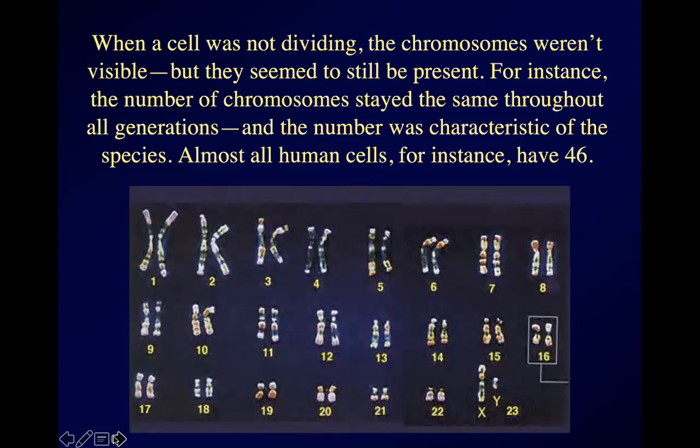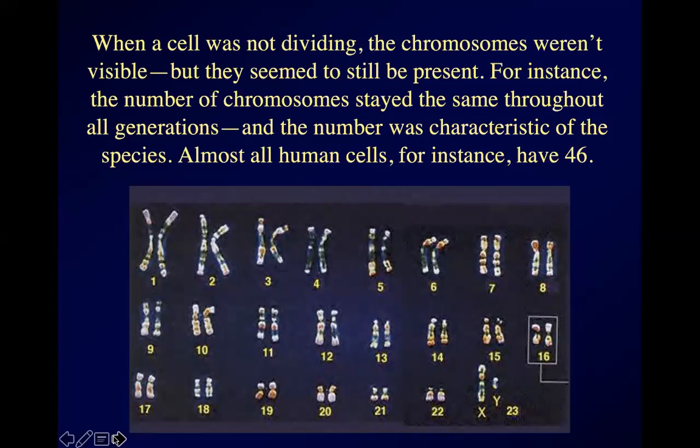When a cell is not dividing, you can't actually see the chromosomes. As I mentioned, when a cell is just kicking back and texting on its cell phone, the chromosomes aren't visible, and the nucleus just looks like a blob, maybe a slightly grainy blob. But people noticed that if you watched a cell divide, you could count the number of chromosomes.